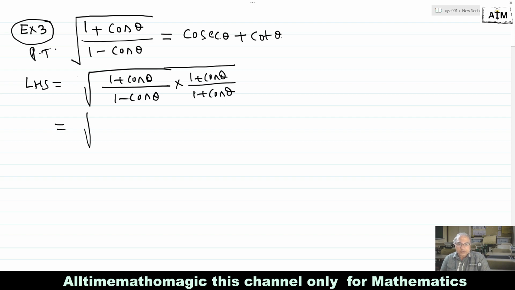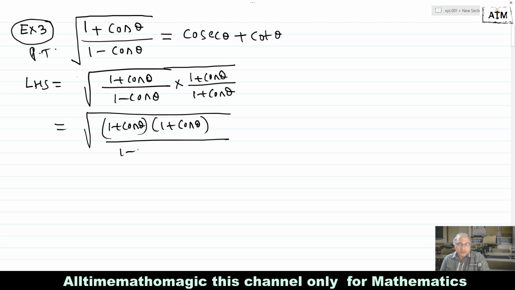So this becomes 1 plus cos theta multiplied by 1 plus cos theta, and in the denominator 1 minus cos theta multiplied by 1 plus cos theta. Here 1 minus cos theta and 1 plus cos theta, this is a minus b and this is a plus b.